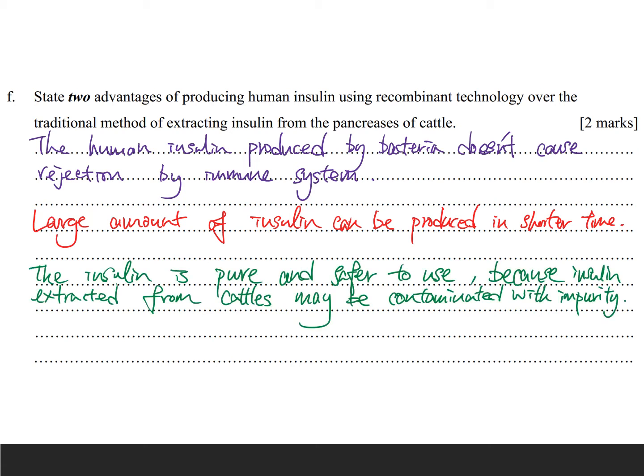Or the insulin is very pure and safer to use because the insulin extracted from the cattle might be contaminated with impurities. And last but not least, the extraction cost using bacteria is lower than extracting from the pancreas of cattle. So these are the advantages of doing the human insulin by the recombinant technology.